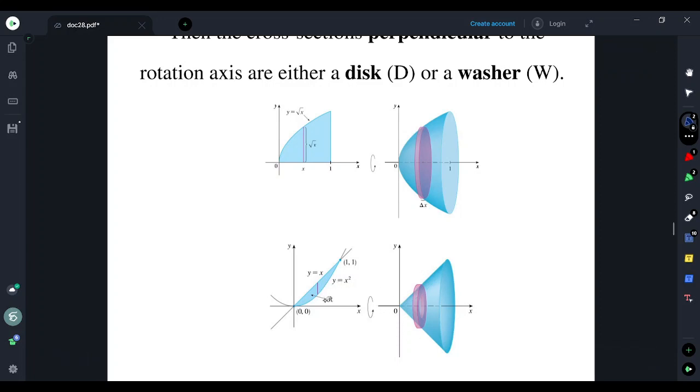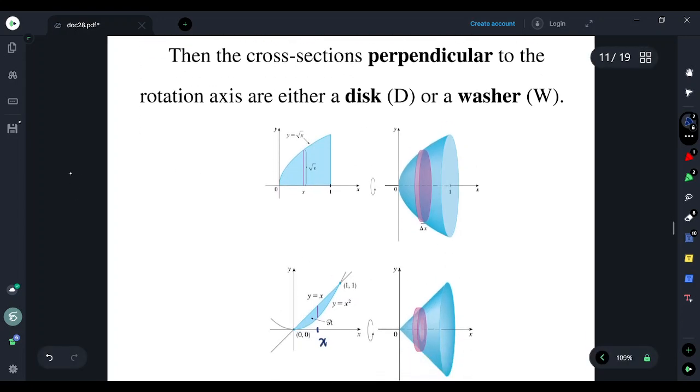If you look at the cross section, when you choose any x here, because the region is above, it's gonna give this line, and when you rotate, it's gonna give kind of like a washer, right? There's a hole inside. This is a washer.